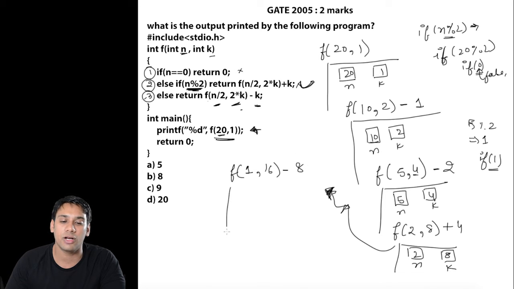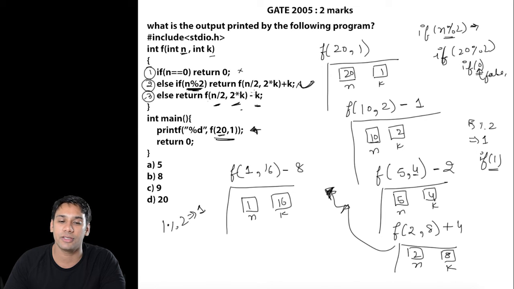So when we called f of 1 comma 16, the value of n is now 1 and the value of k is now 16. Statement number 1 will not be executed. Statement number 2 is n modulus 2, so 1 mod 2 gives us 1, which is true.